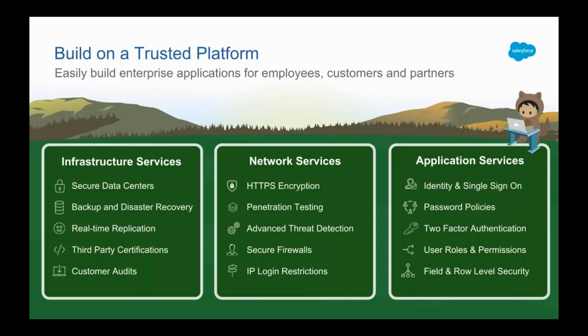Every app built on Salesforce comes with infrastructure, network, and app security services. You can go to trust.salesforce.com to see real-time performance and availability information. Every new release gets run through 108 million tests. We build trust into every layer of app development, infrastructure, network, and application services, so you don't have to.